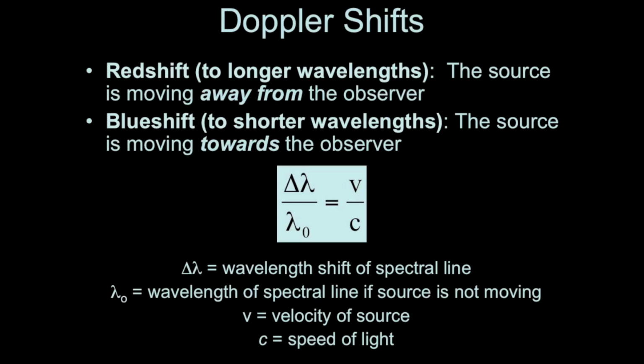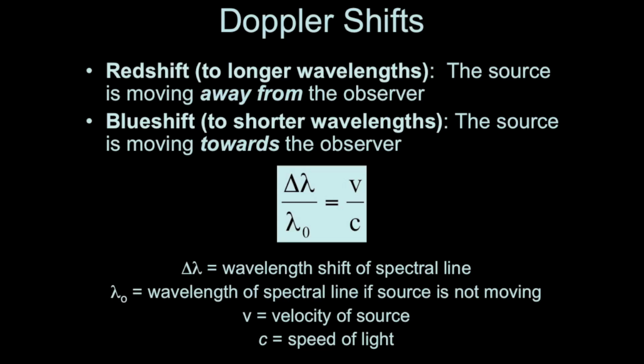Delta lambda is the change in the wavelength from the original rest wavelength to where it's actually observed by the person who is detecting the waves. V is the velocity of the source, or the relative velocity between the source and the observer, and c is the speed of the wave, and in this case it's the speed of light.